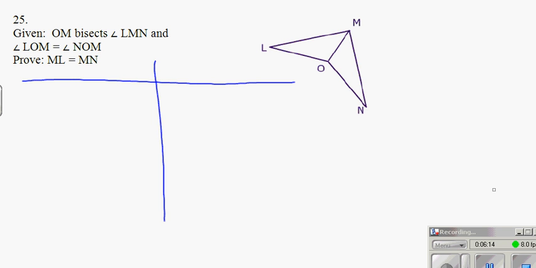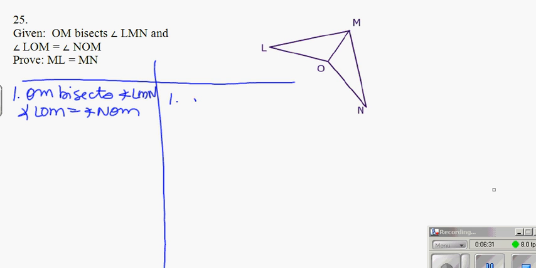Now, 25 looks more complicated, but let's start with the given. Never make a determination on how complicated it is until you mark your picture. So I know that OM bisects angle LMN and that angle LOM is equal to angle NOM, and that is all given.